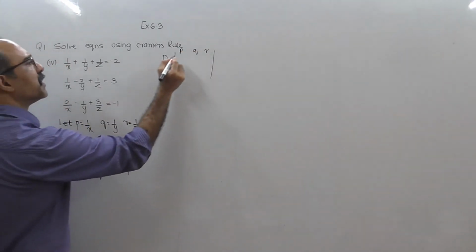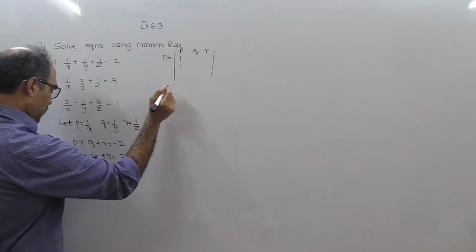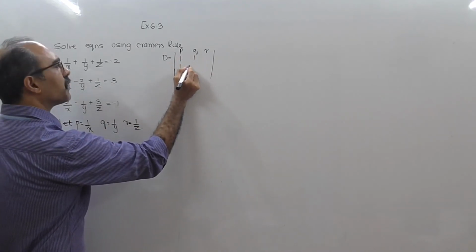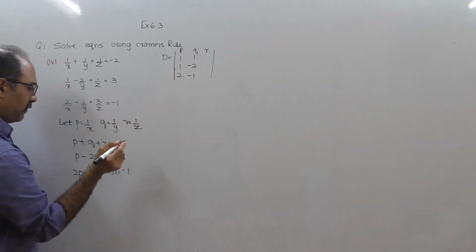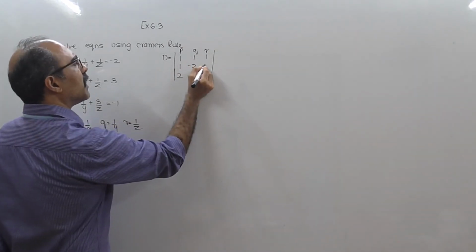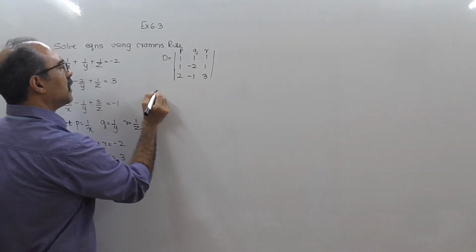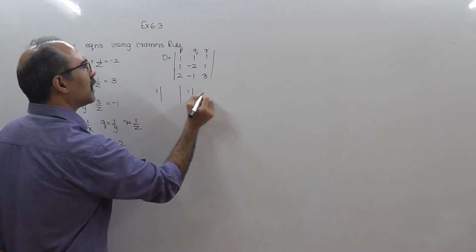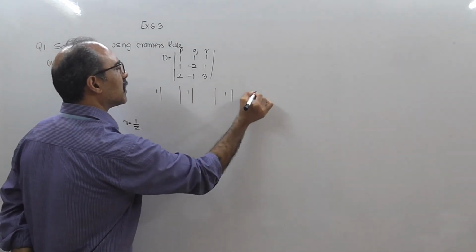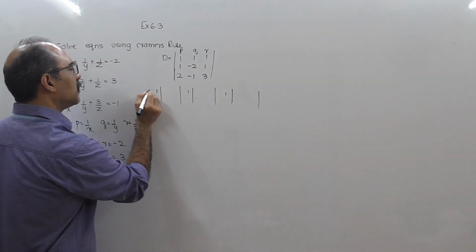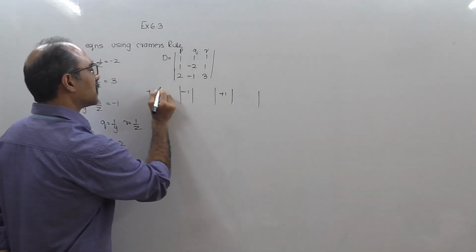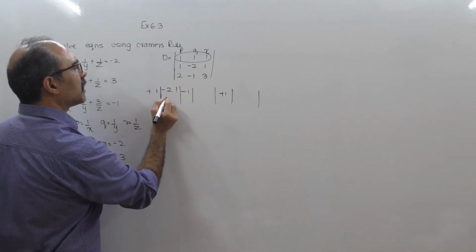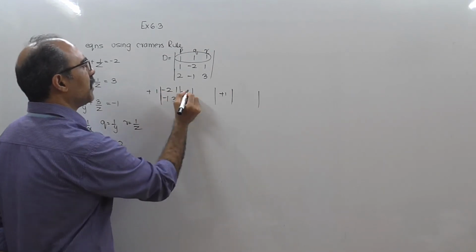So the coefficient of p will be 1, 1 and 2. The coefficient of q will be 1, minus 2, minus 1. The coefficient of r will be 1, 1 and 3. Let's open up. This is 1, determinant 1, determinant 1. Okay, this will be plus, this will be minus and this will be plus. So for this 1, I think it will be minus 2, 1, minus 1, 3.